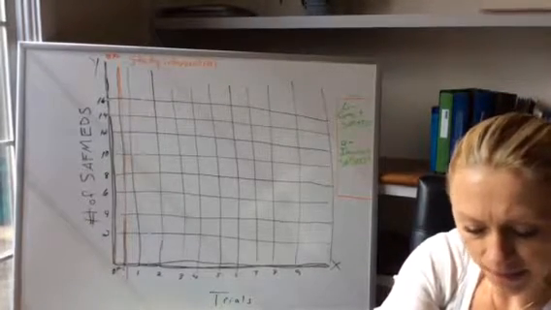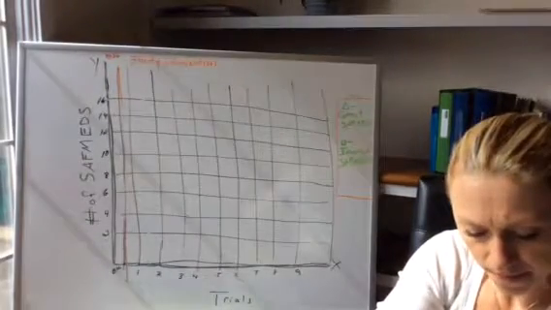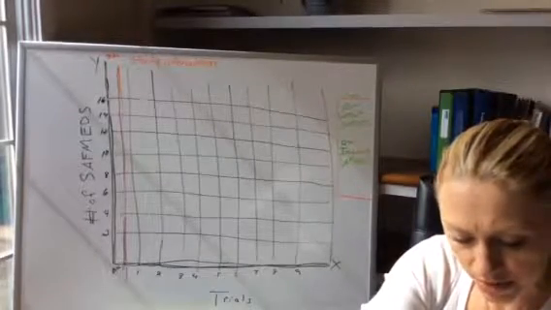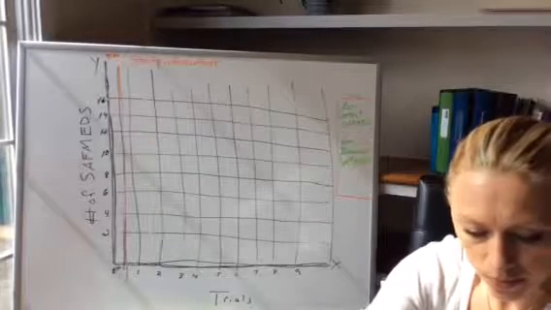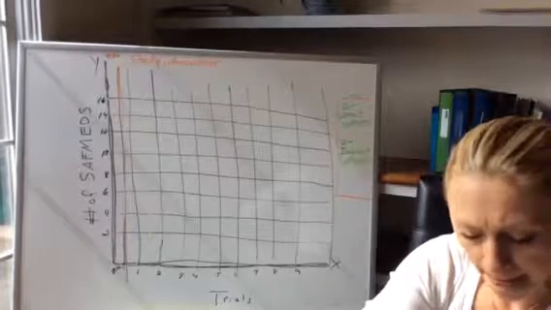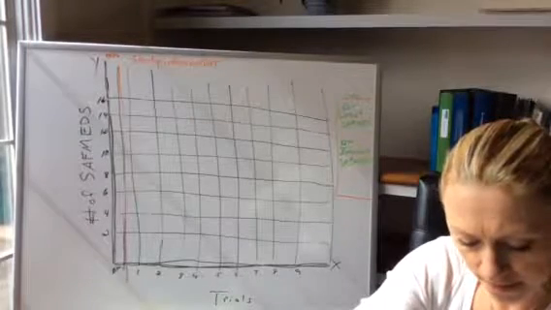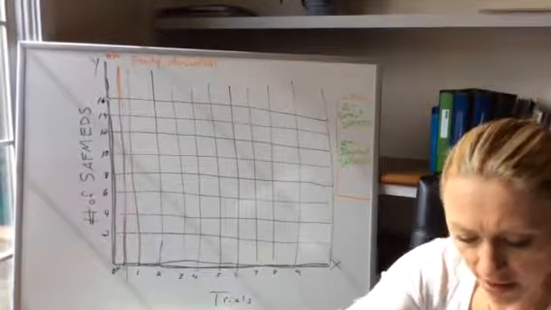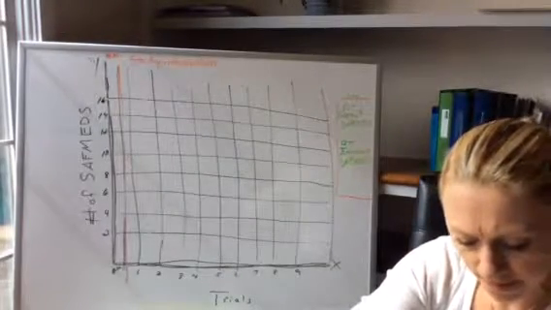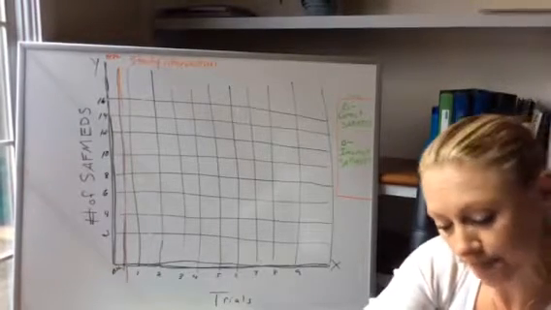A line drawn on a graph to denote a change that may have an impact on the behavior of interest to be measured.